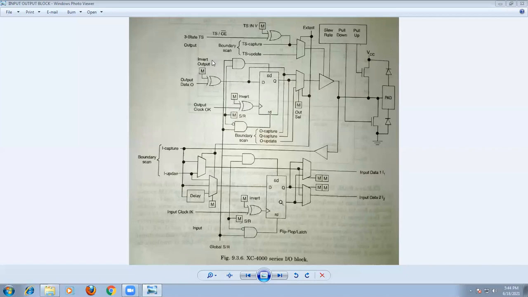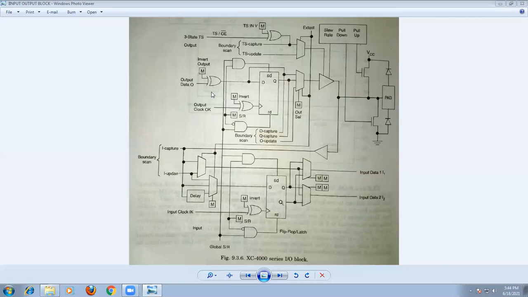When the bit is logic 0, we get the same output. Whenever it is logic 1, the output will be inverted.